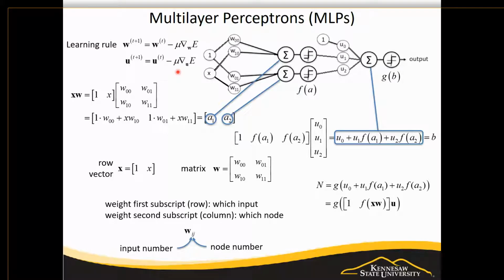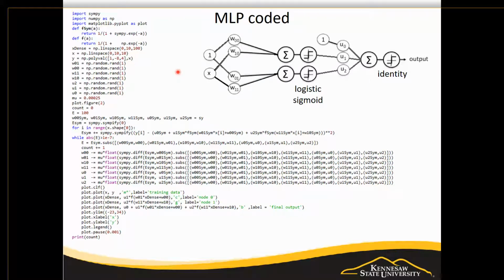Okay, so we had some code before that did the gradient descent for just a single node. And it gets a little bit more wordy here, but it's really the same idea, okay? I'm going to have a symbolic expression for each one. I'm going to have a symbolic and a numerical expression for each of the 4 values of the W weights, each of the 3 U's, okay?